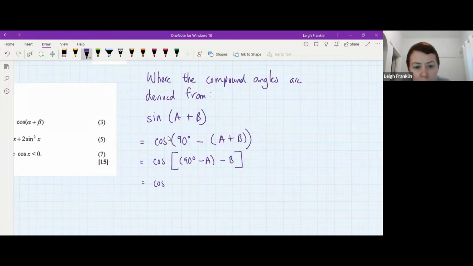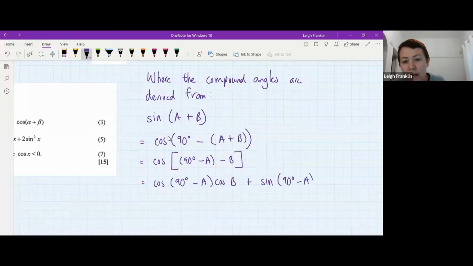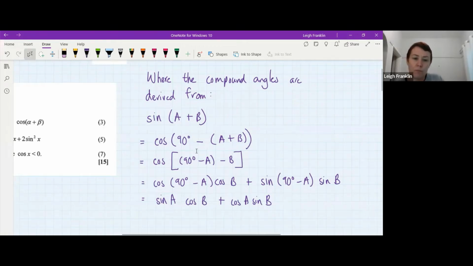Cos of 90 minus A, then cos B, and then it would have to be plus sine of 90 minus A, sine B. Okay, and that is where sine A cos B plus cos A sine B comes from. Okay, so that's sine A plus B.